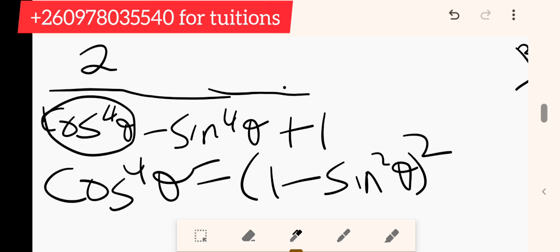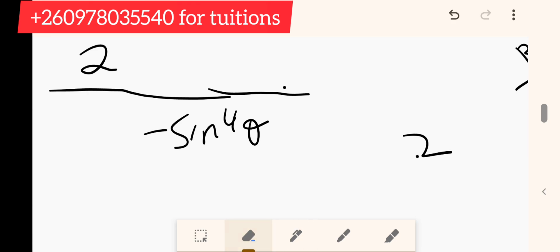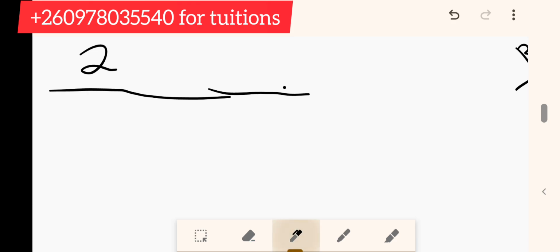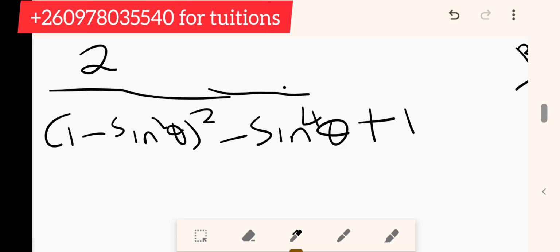So let's see what we're going to have. Here we can replace: open bracket, 1 minus sine squared theta, power 2, minus sine power 4 plus 1.